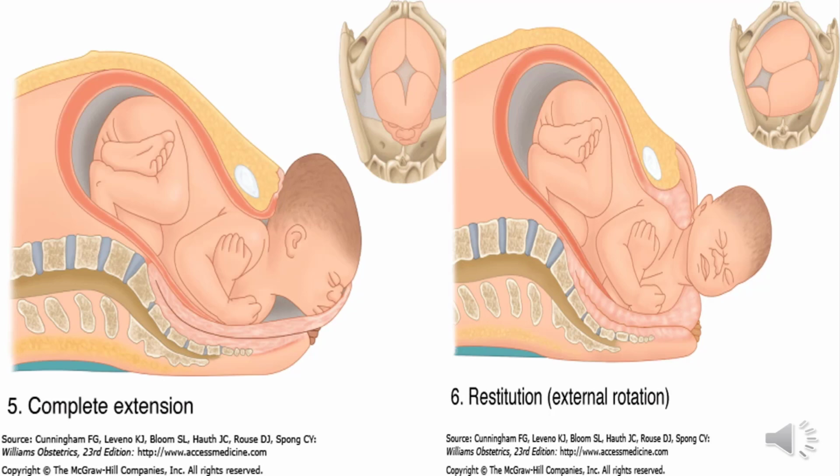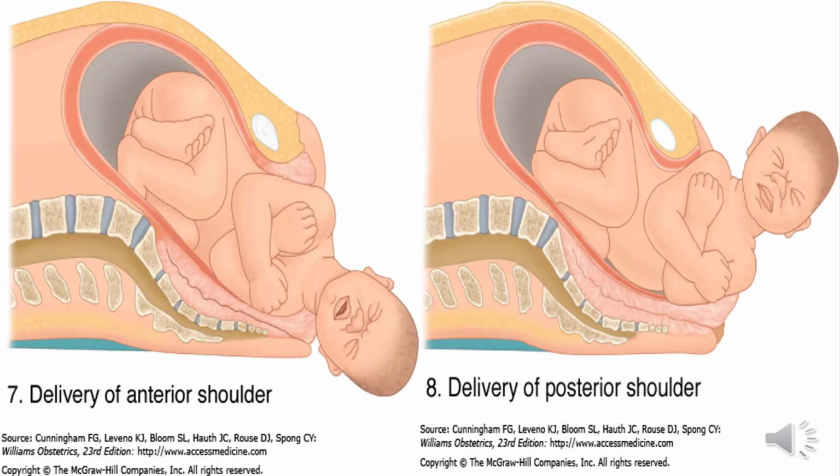Delivery of the anterior shoulder from beneath the symphysis pubis by gentle pulling of the head downward, then delivery of the posterior shoulder by gentle pulling of the fetal head upward. Here you see downward, then upward, with the direction of what? Of the birth canal.